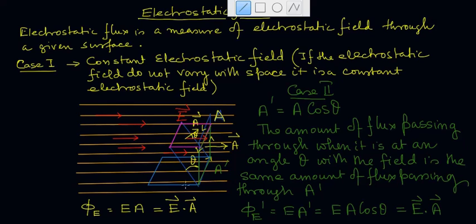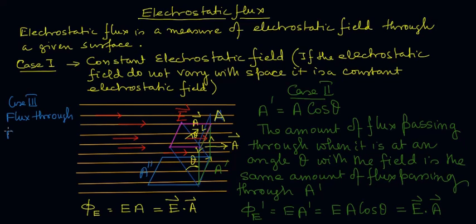So now this area is, suppose this is A double prime. Now the flux through A double prime is completely 0. So you can write it here in small case 3, flux through A double prime is 0.